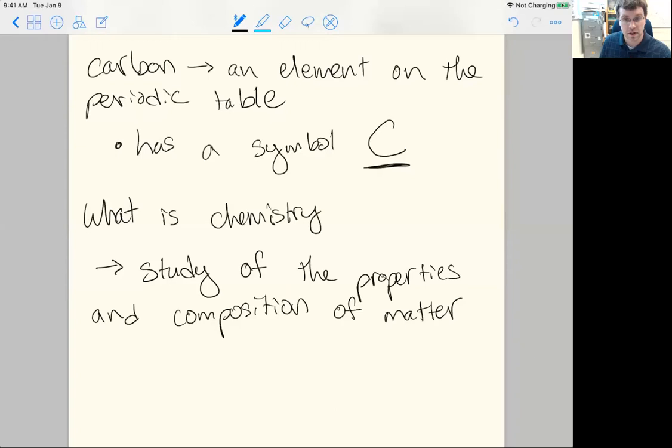There are other words in here that I'm interested in. Let's start with this word properties. So what is a property, if we keep it singular?